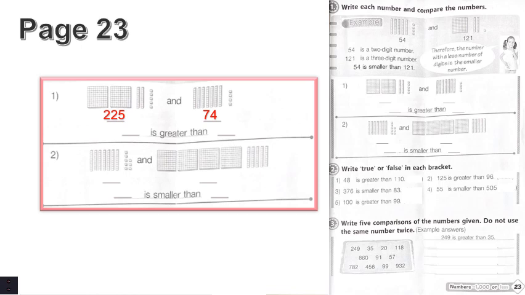Now look at the sentence. It says, "is greater than." So what number is greater? It has a greater number or a bigger number. So if you answer 225, you are right. The sentence should be like this: 225 is greater than 74. Now please do number 2.